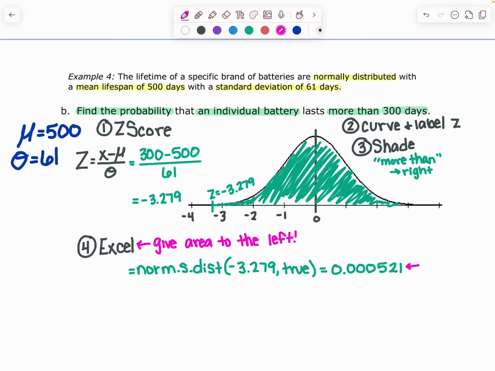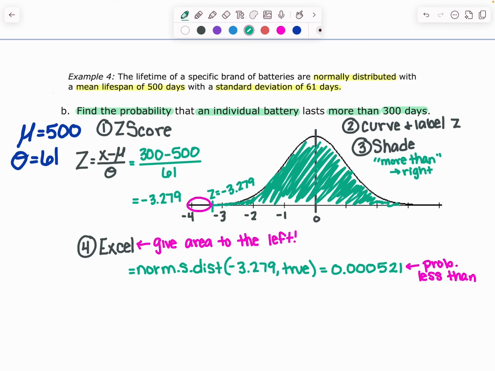So this is the probability of being less than. But that's not what we wanted. We wanted the probability of more than. So we have this probability. We want the other probability.